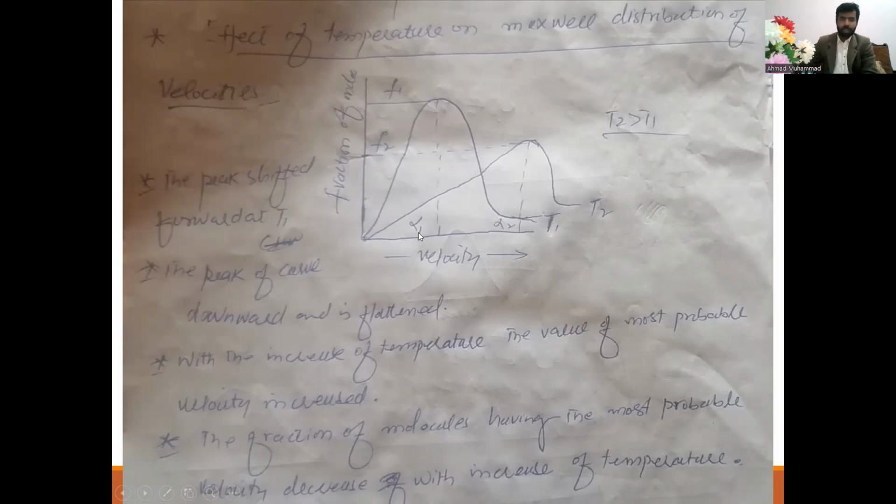So we can conclude that at average, medium speed, a lot of the fraction of gas molecules are moving, but when temperature increases, the fraction of molecules decreases, and their velocity also increases due to the increase of temperature. So the peak of the curve goes downward, and it becomes flattened. With the increase of temperature, the value of most probable velocity also increases, and the fraction of molecules having most probable velocity decreases with the increase of temperature.